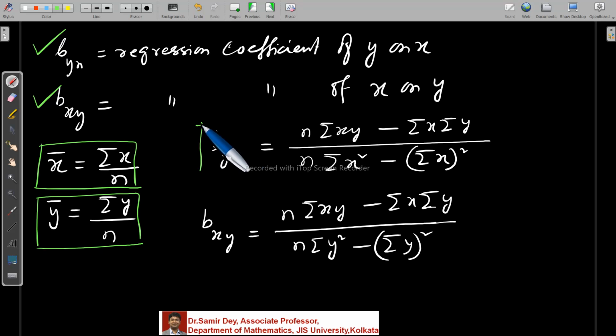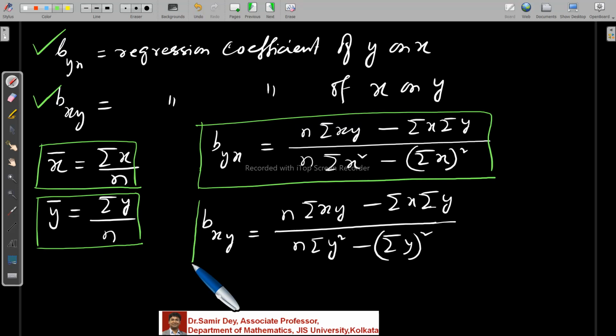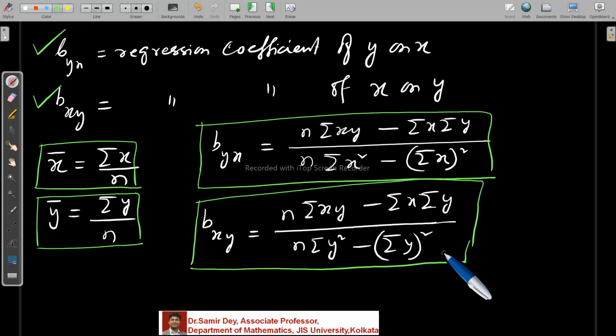So there are two formulas in front of you. Now try to understand what information is required to find byx, bxy, x bar and y bar.